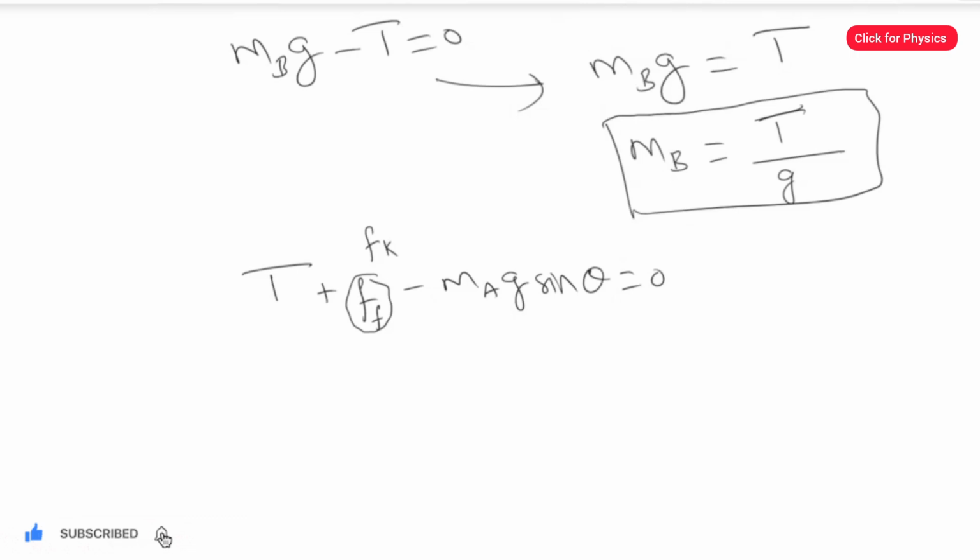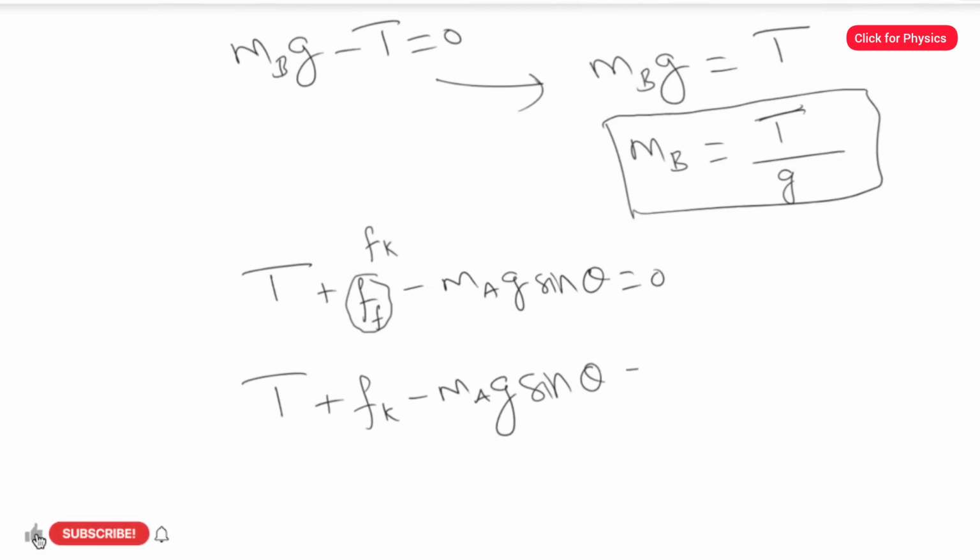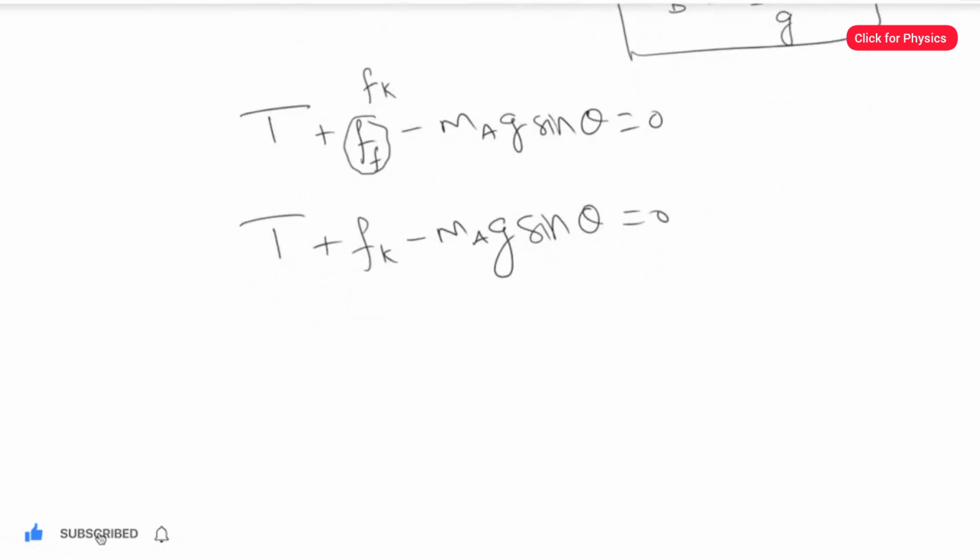So we can rewrite this equation as T plus Fk minus MA g sine theta is equal to 0. First we can rearrange this equation in terms of tension. Therefore, tension is equal to: this term, when it goes to the right-hand side, takes the negative value, and this term takes the positive value.